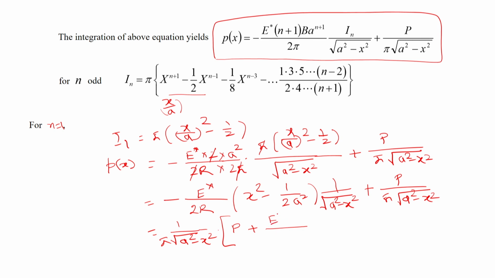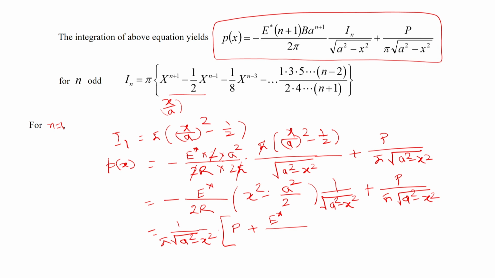So, it is E star by r, 2 a square, and then it is x square minus 1 by 2 a square again. I made a mistake here. Sorry about that, I should have written here a square by 2. It is x square minus a square by 2 here because I am taking a square inside. So, x square minus a square, so right.